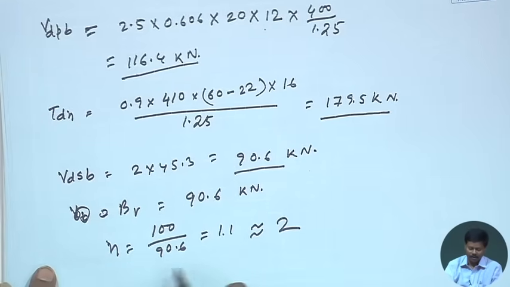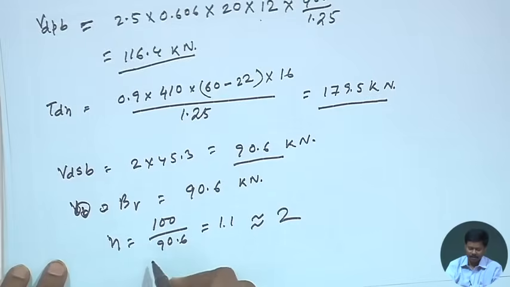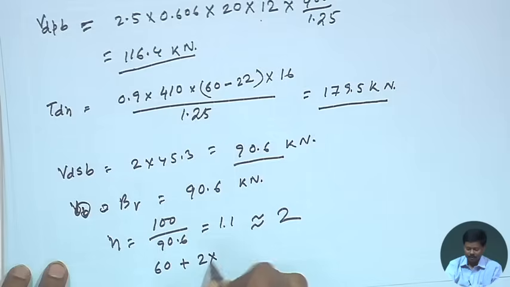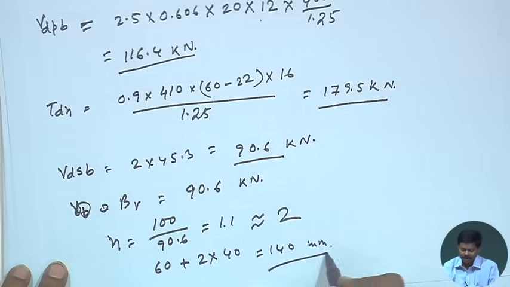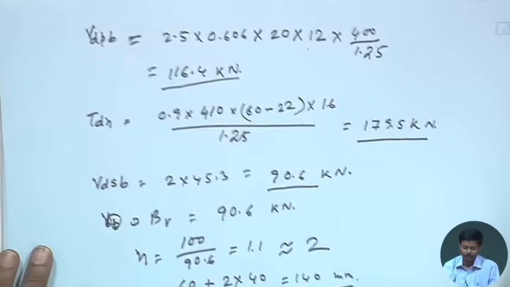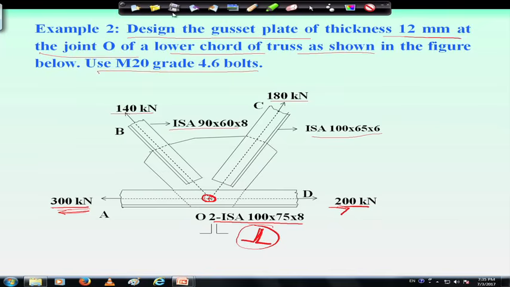So, the length of the gusset plate we can find out as 60 plus 2 into 40, that means 140 millimeter, right, 140 millimeter. Accordingly we can arrange the bolts. We can see here in the figure, I will show the screen.